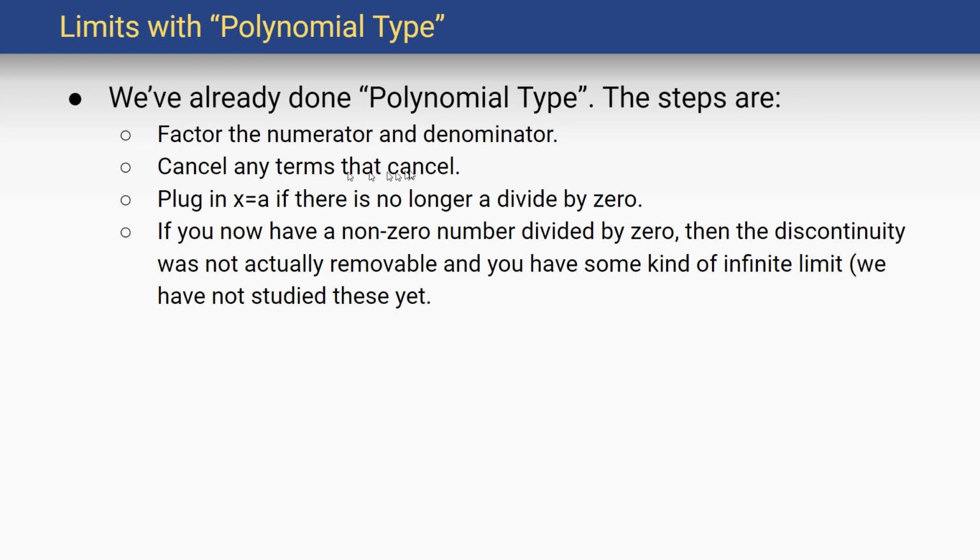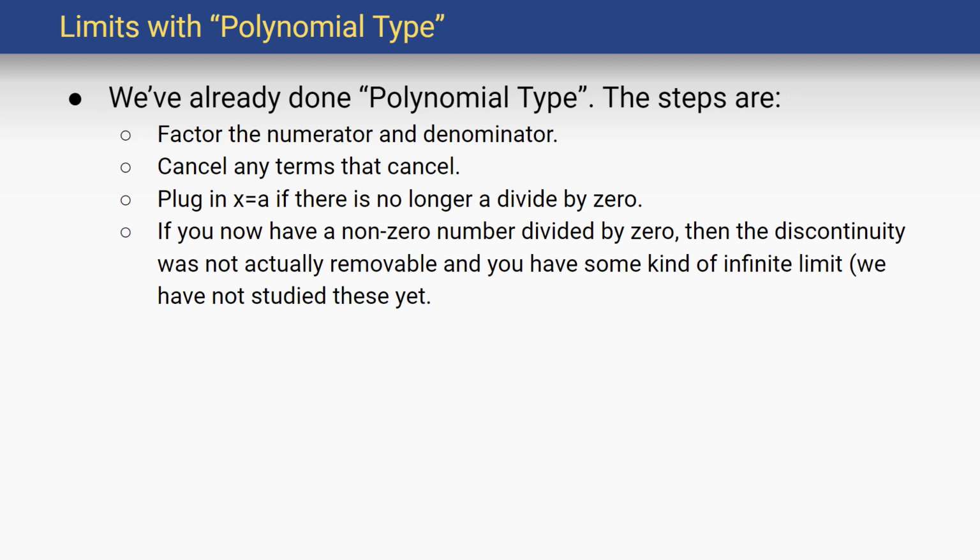So you try to cancel any terms that will cancel, and then, assuming that this was a problem that could be done with this technique, after you cancel your terms, there will no longer be a divide by 0. And if there's no longer a divide by 0, then you're going to be able to plug in x equals a. Okay? And when you do that, you're going to probably get a number. And if you get a number, then that's going to be your answer for the limit.